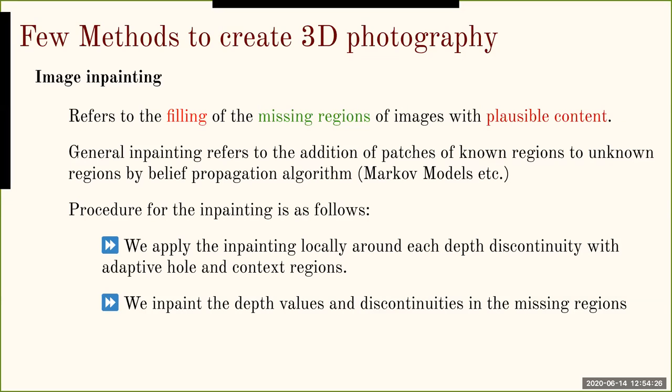General inpainting, which is very naive, refers to the addition of patches from known regions to unknown regions by belief propagation algorithms, like Markov models. There are also deep belief networks. That is a paper by Alex Krizhevsky, very old, and it was an improvement on LeNet, as we all know.